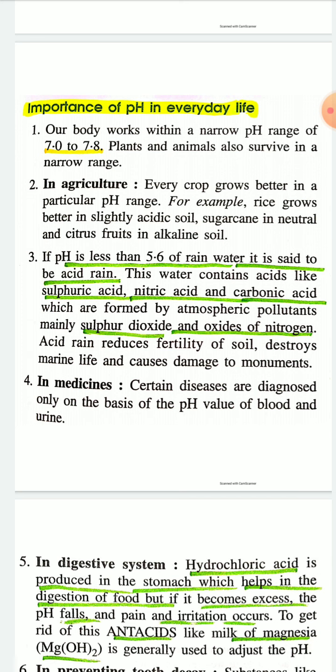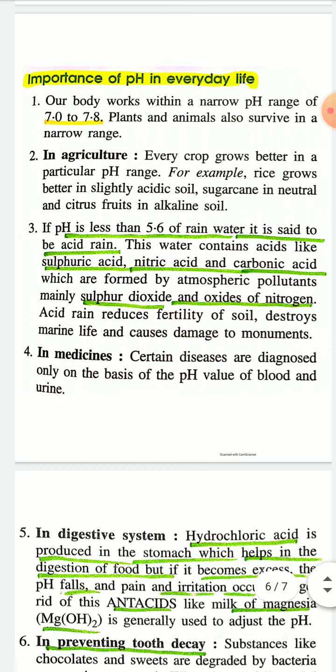Acid rain contains different acids like sulfuric acid, nitric acid, carbonic acid, and these acids are produced when rainwater reacts with some gases present in the atmosphere. Which gases? Sulfur dioxide, oxides of nitrogen.